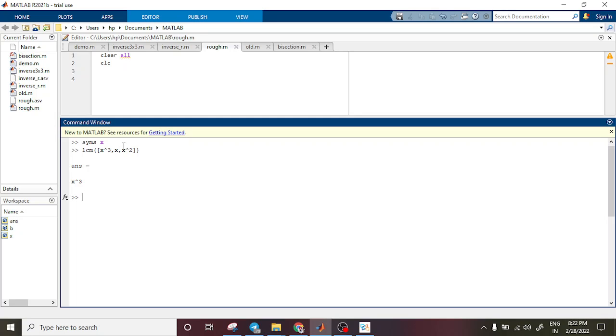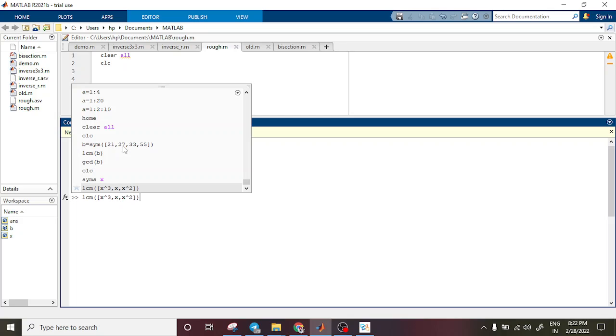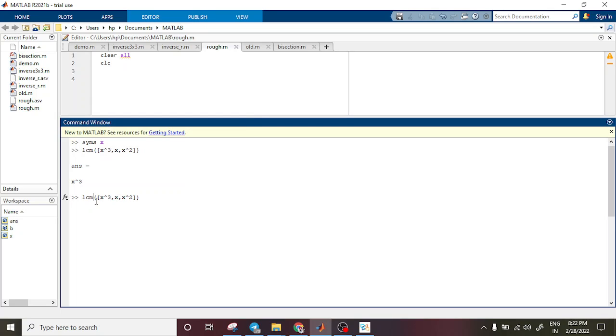Similarly you can find the GCF also for these. For GCF, I have to write greatest common divisor, GCD, and then x. Now CLC. If I have to take a random matrix, I can write down RAND.